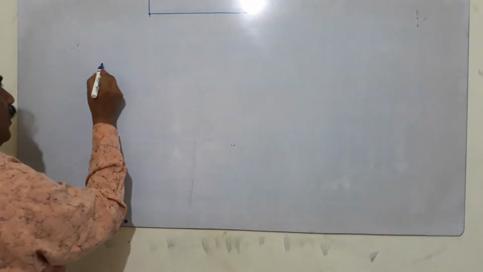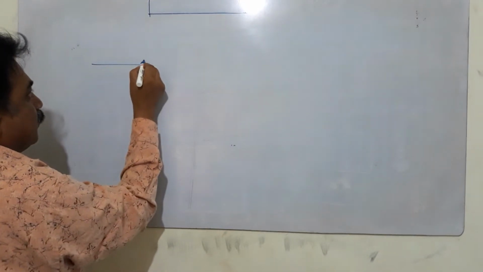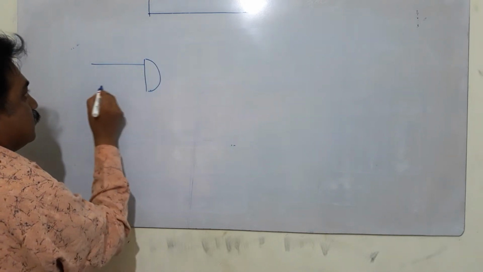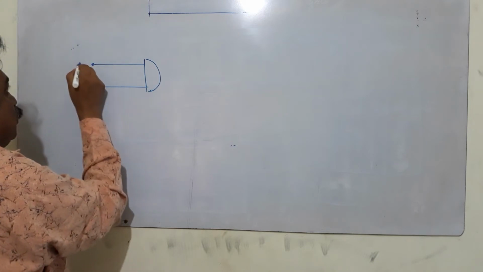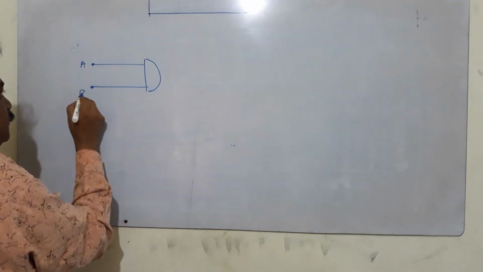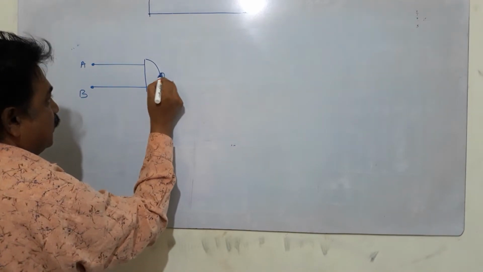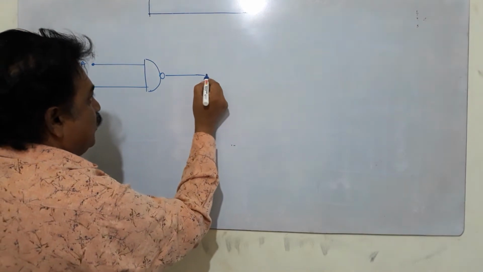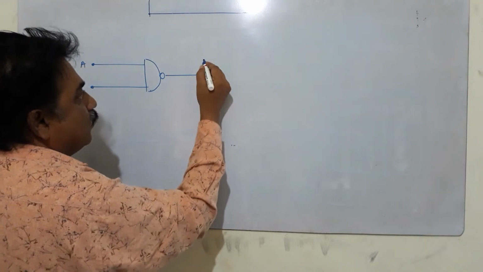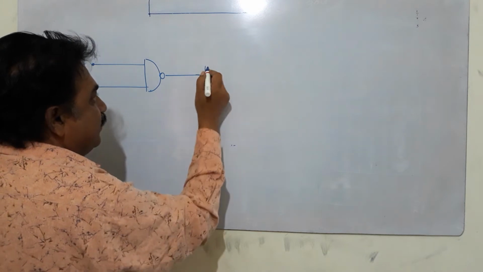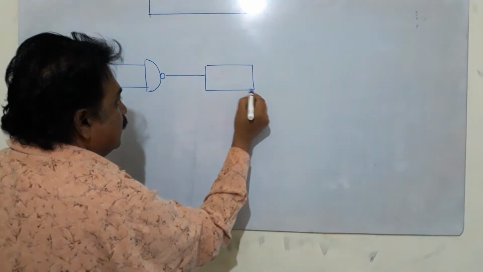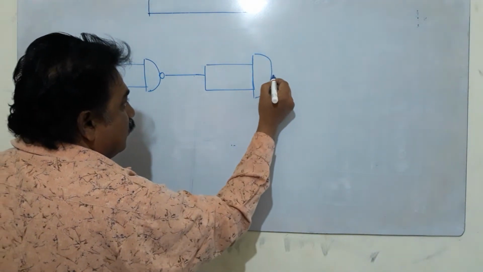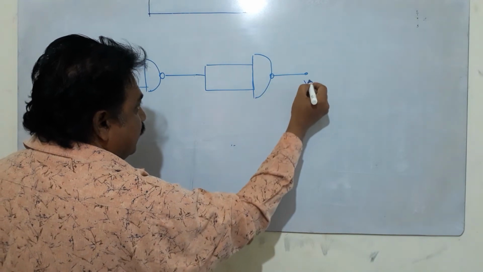See here, I am taking an AND gate here with the two inputs A and B. This is one NAND gate, and now it is connected to another NAND gate with a single input. Finally, we will get Y.